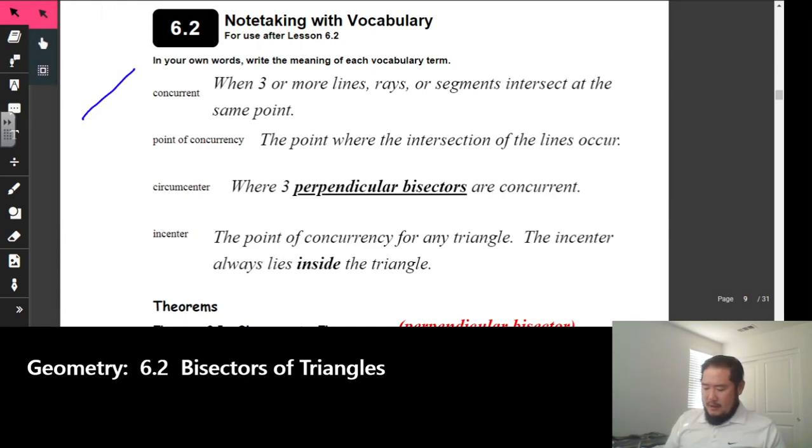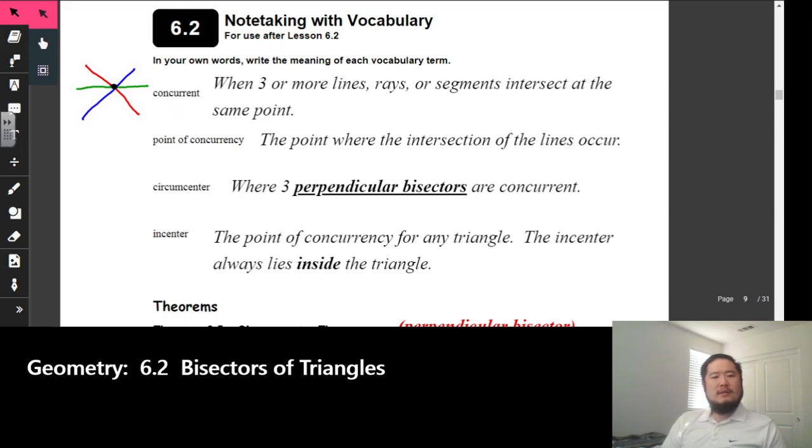Line 1, line 2, and line 3. When three or more lines intersect at the same point, which would be right here, we say that these three lines are concurrent, and this point is your point of concurrency.